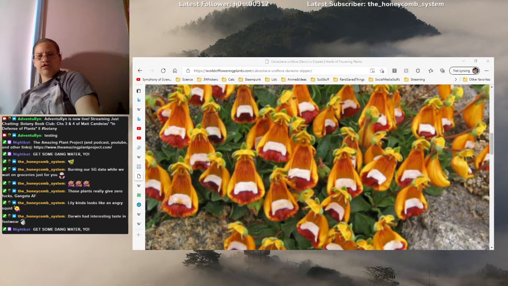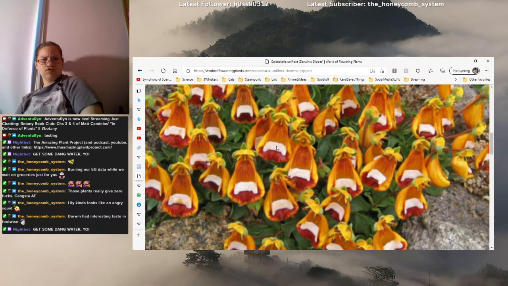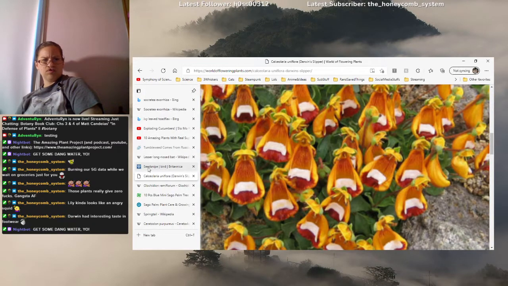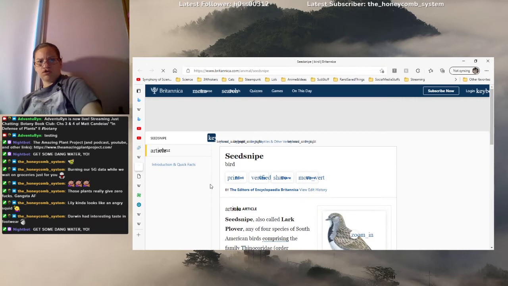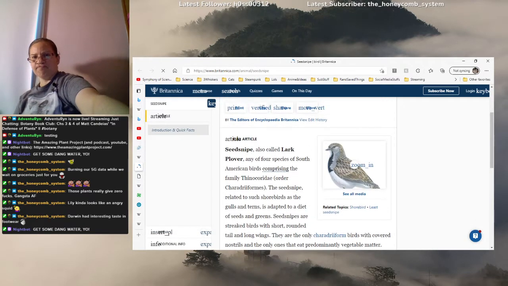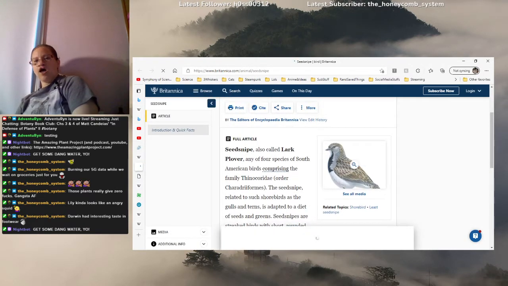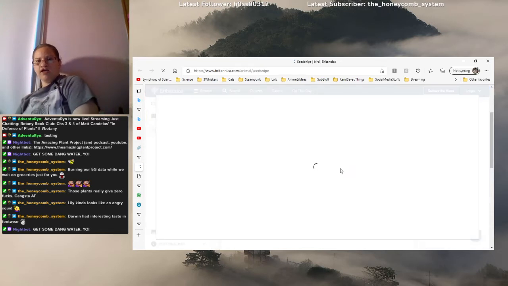So the seed snipe here is very interested in the flowers because it wants to eat the white appendage that the flowers have.